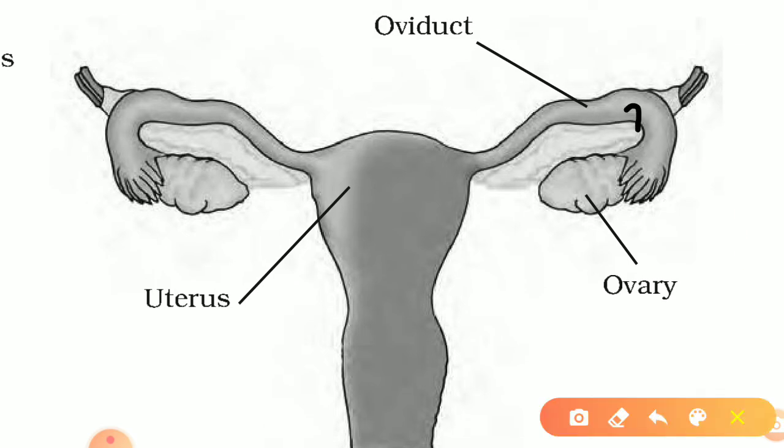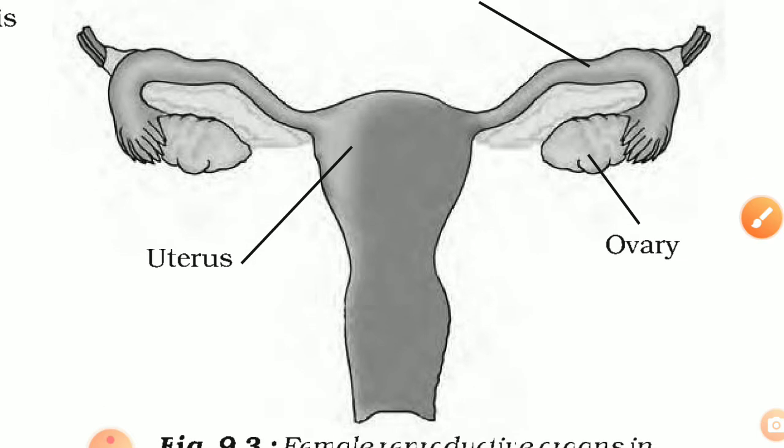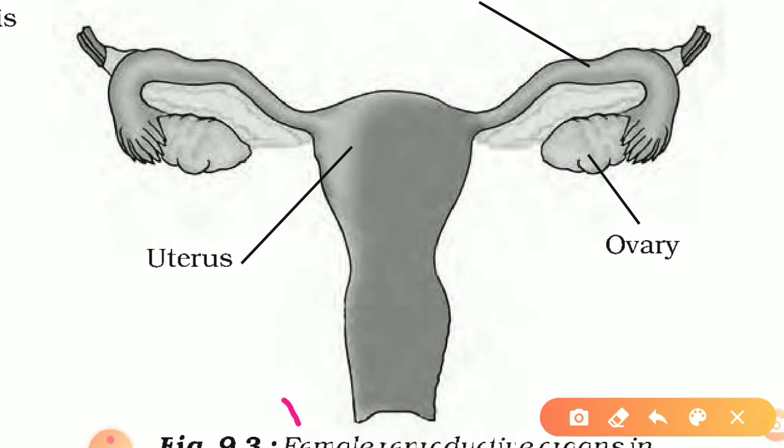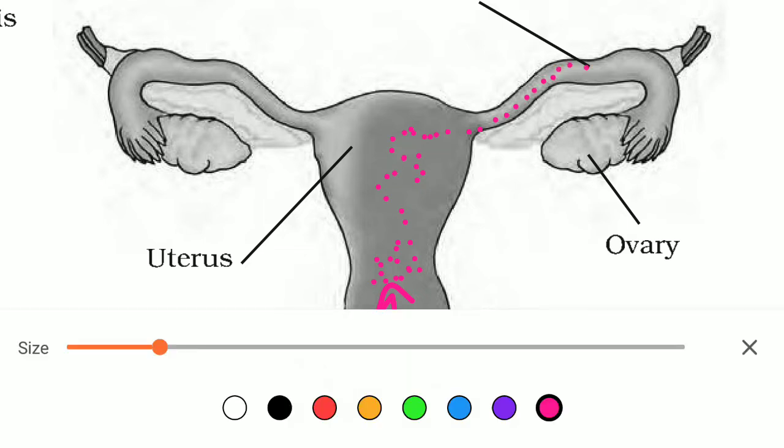So, the sperm are released by the male during sexual intercourse. The sperm are released by the male through the penis into the vagina of the female. Millions of sperm are released there actually. Then the sperm move through the various parts, uterus and all, and then finally they reach here. And here in the fallopian tube there is an egg also.